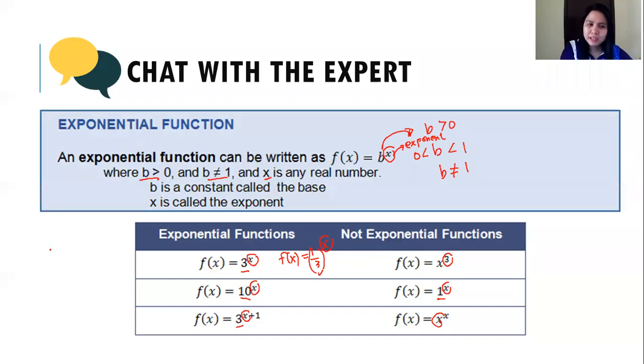So, ma'am, what if we have something like this? F of x equals -4 to the power of x. This one, the variable is in the exponent, so check. But if you look at the base, it's a negative number. Actually, it's still an exponential function. It will look like this one.